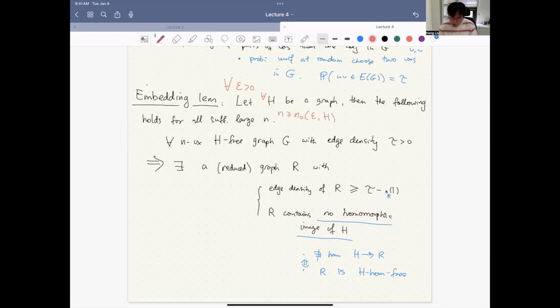Now, this R will depend on epsilon, not on this n. That will make sense of this. Here the edge density is bigger than tau minus epsilon. Good. Now, why is this useful?